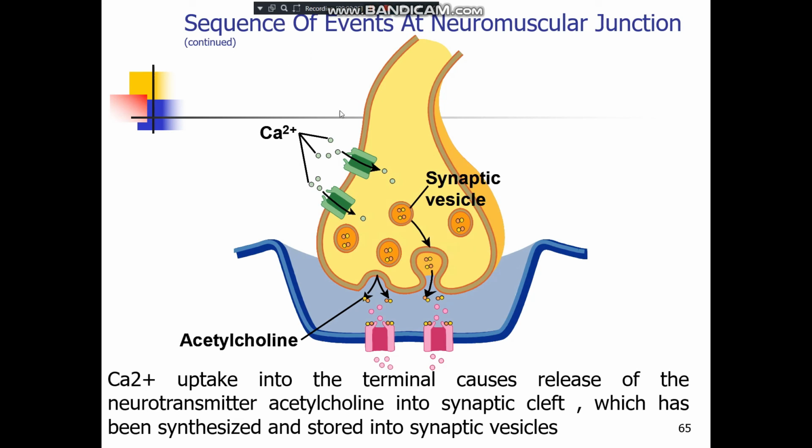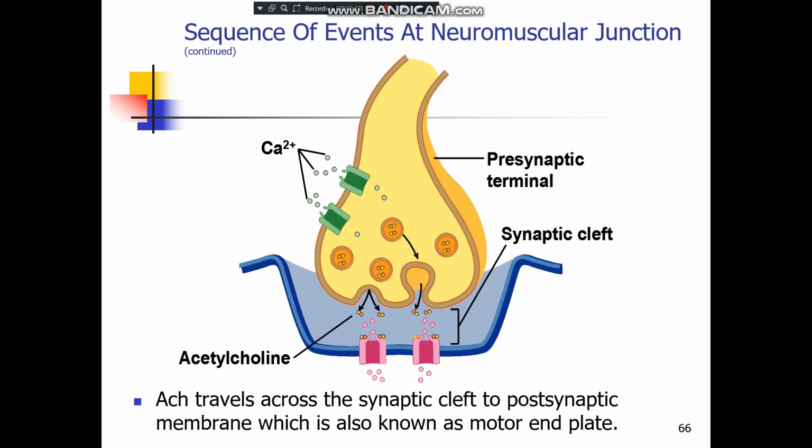So the calcium uptake at the terminal causes the release of neurotransmitter, that is the acetylcholine, into the cleft, and then this acetylcholine travels across the synaptic cleft to the postsynaptic membrane.